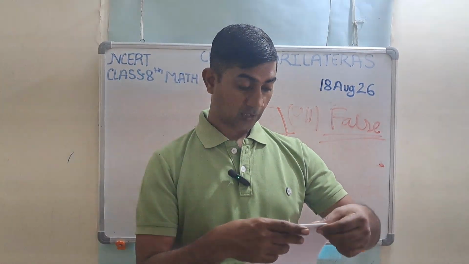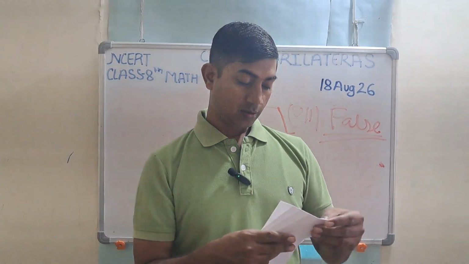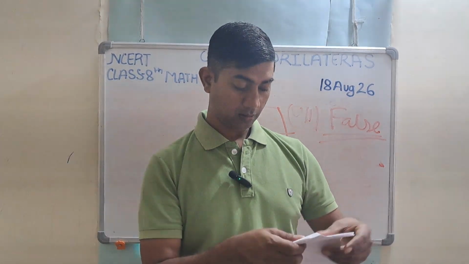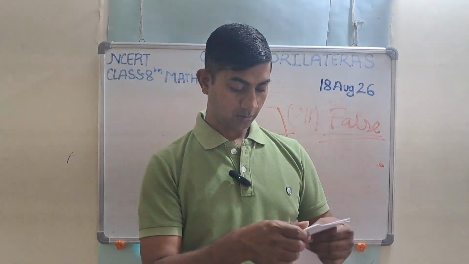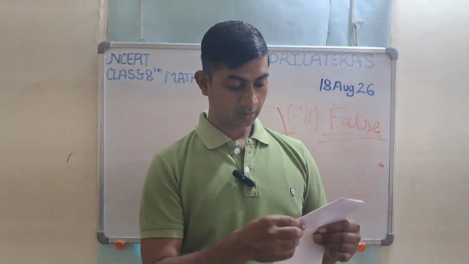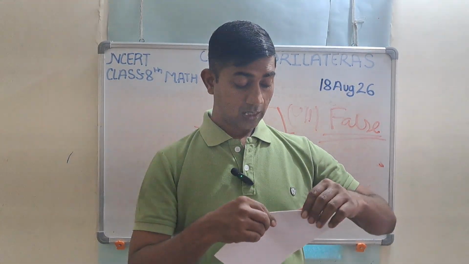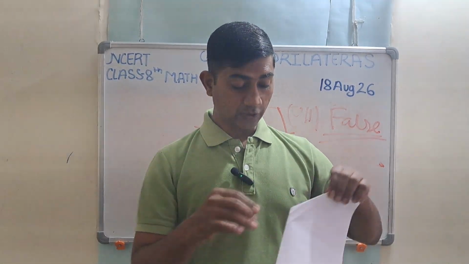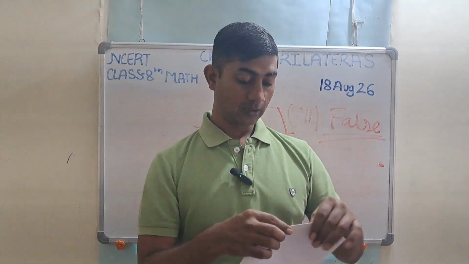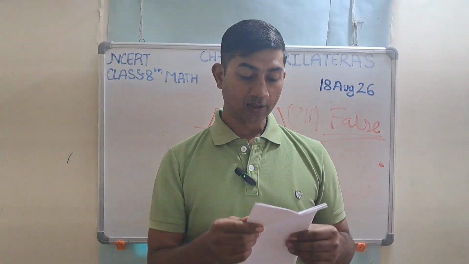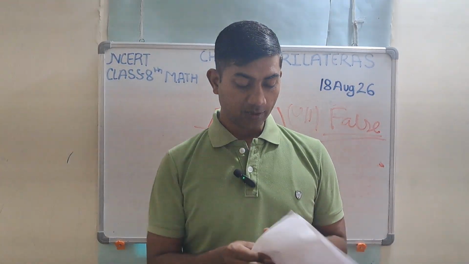Understood? I have folded it, and I just try to fold it. Let me see whether you are able to see the figure of a square, if it comes out to be a square.